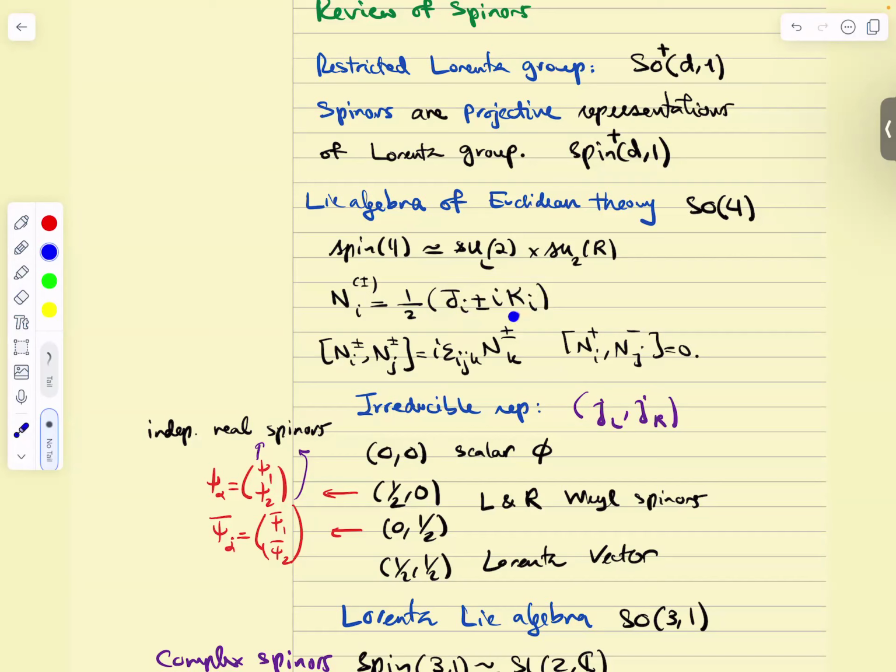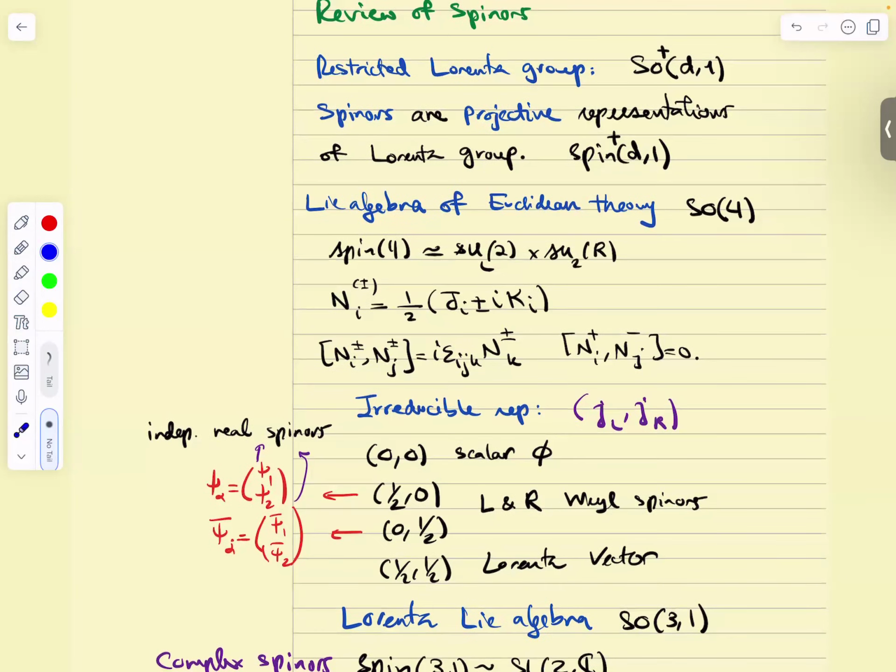You constructed complex linear combinations of them, N_i plus minus. And what you obtained was 2 commuting copies of the SU(2) algebra. That's what it means to say SU(2) left, SU(2) right. Pay a lot of attention to the signs and those N_i plus minus. Today we're going to talk about that a lot.